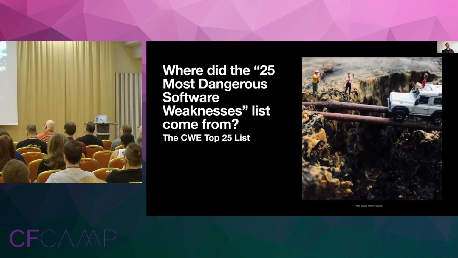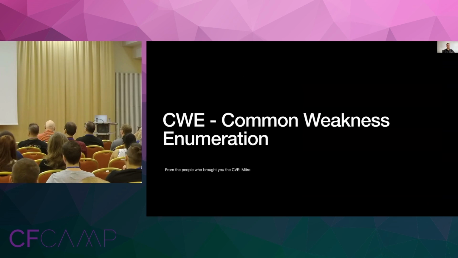So where did this list of 25 most dangerous software weaknesses come from? Well, it actually comes from a company called MITRE, which is kind of funded by the US government, and they're the ones responsible for the CVE. And so this list is actually called the CWE, which stands for Common Weakness Enumeration.